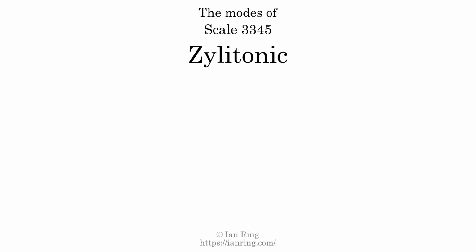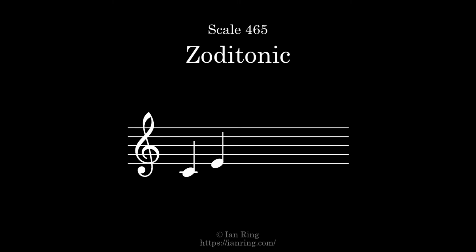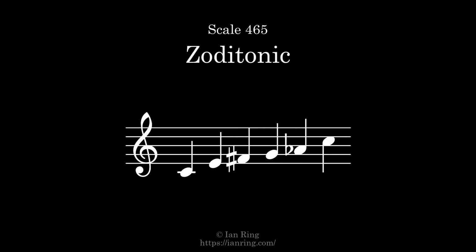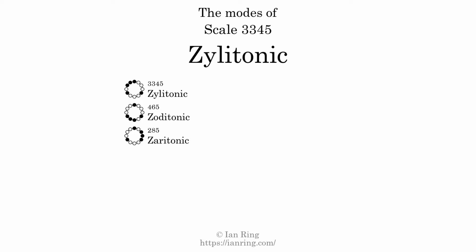This scale has 5 modes. The first mode is itself. The second mode is scale 465, also known as Zylitonic. It sounds like this. The third mode is scale 285, also known as Zylitonic. It sounds like this.